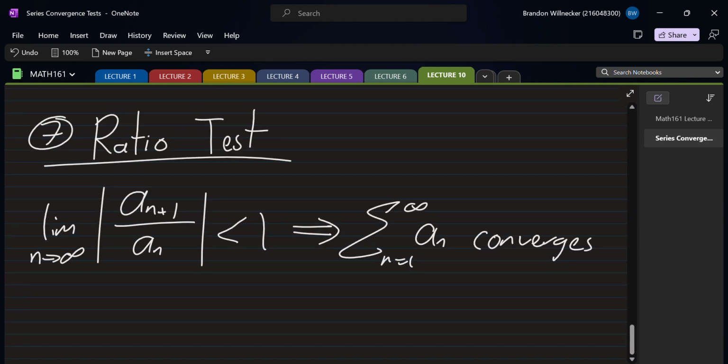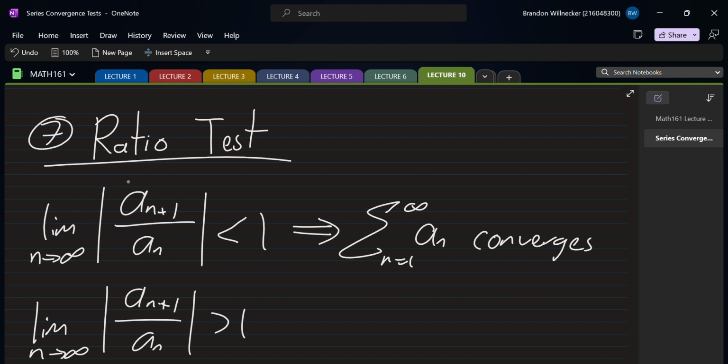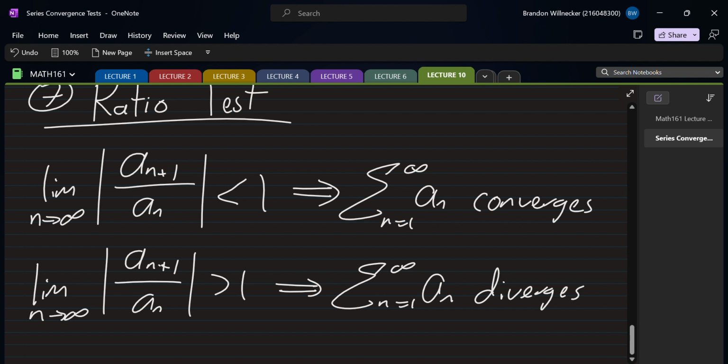And then if it's the other way around, then we know that it diverges. So if the limit as n goes to infinity of an plus 1 over an is greater than 1, then it diverges. Now this is greater than 1 or less than 1. If it is equal to 1, then we can't say anything. We need to do another test.